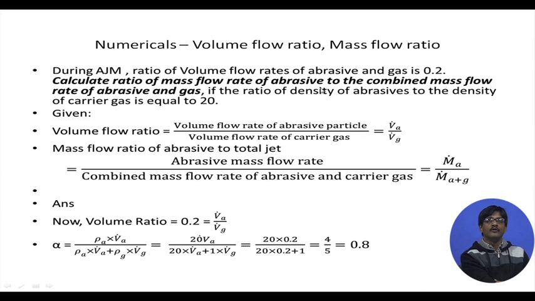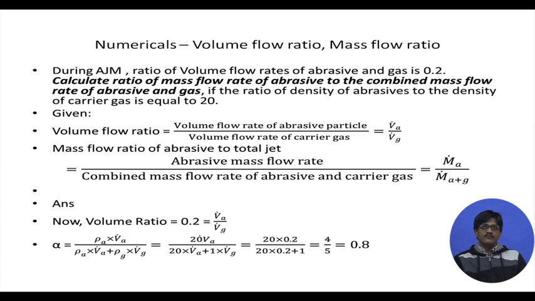This is on volume flow ratio and mass flow ratio. Please remember, we are talking about volume flow ratios and mass flow ratios. During AJM, the ratio of volume flow rates of abrasive and gas is 0.2.